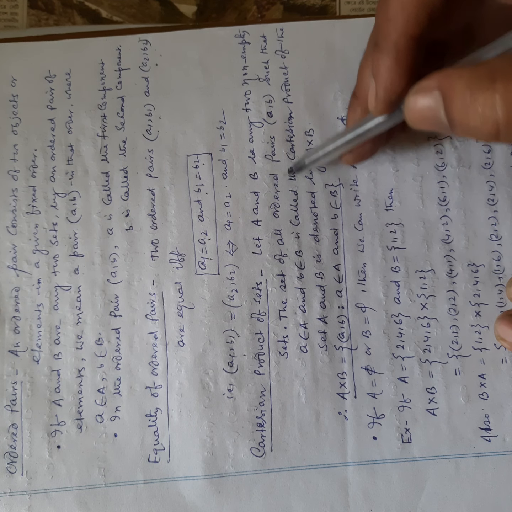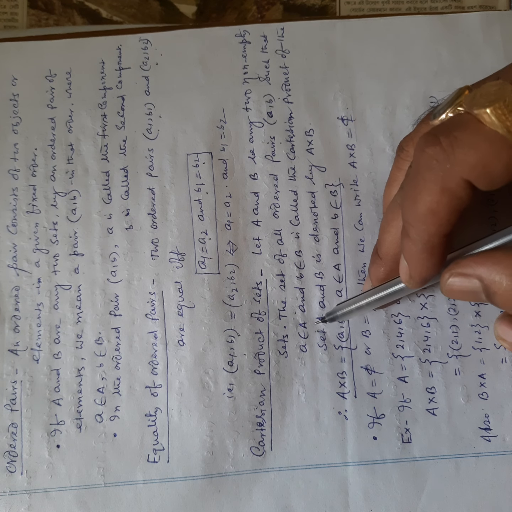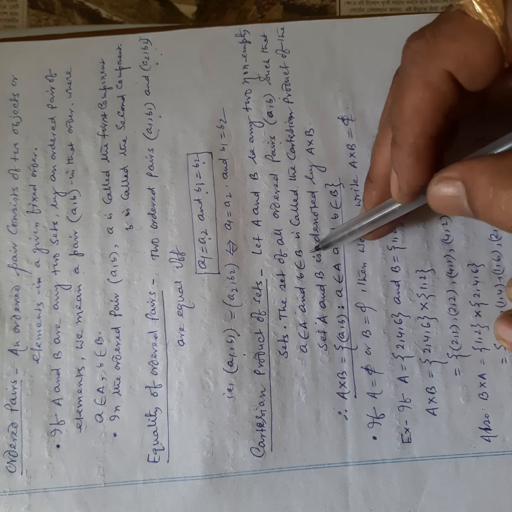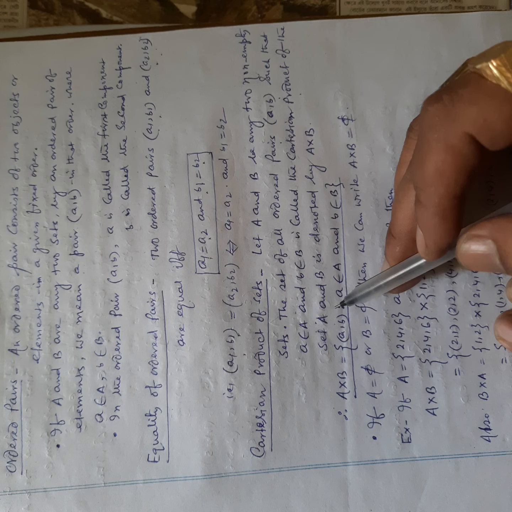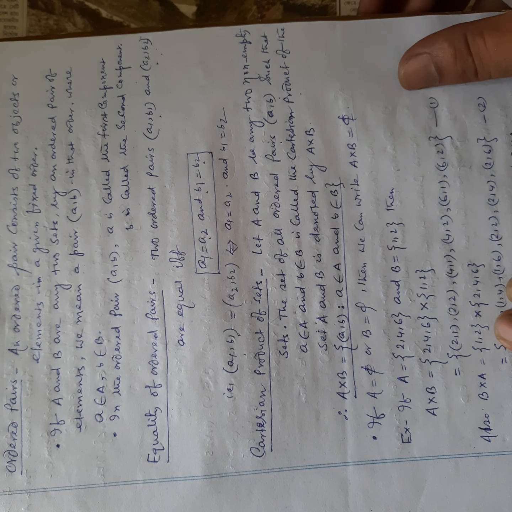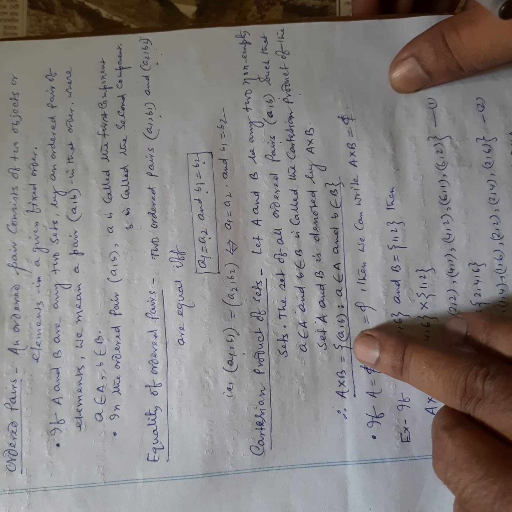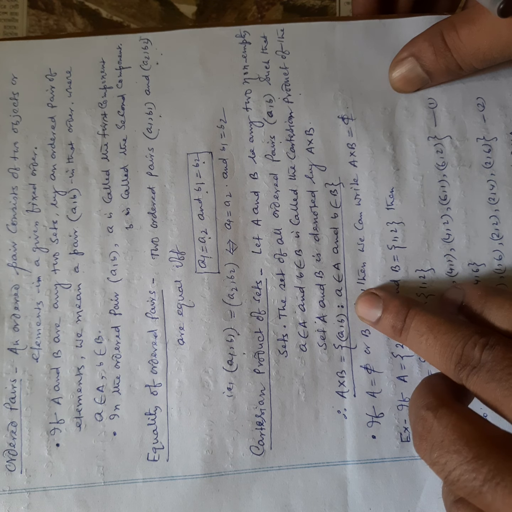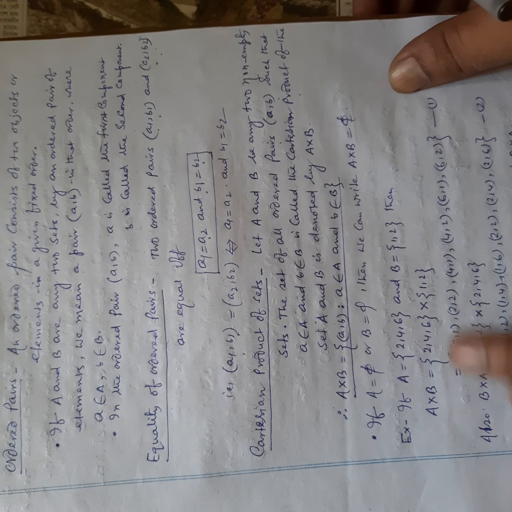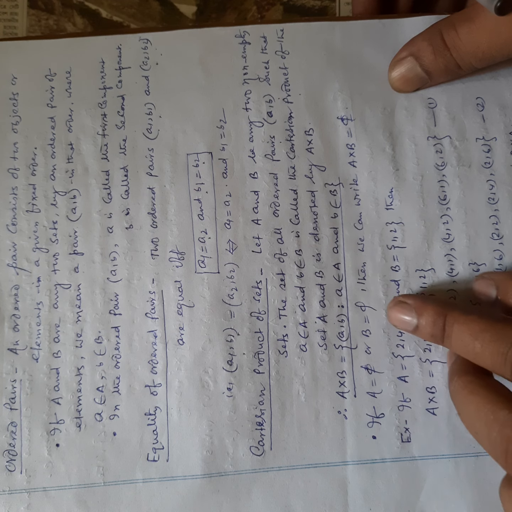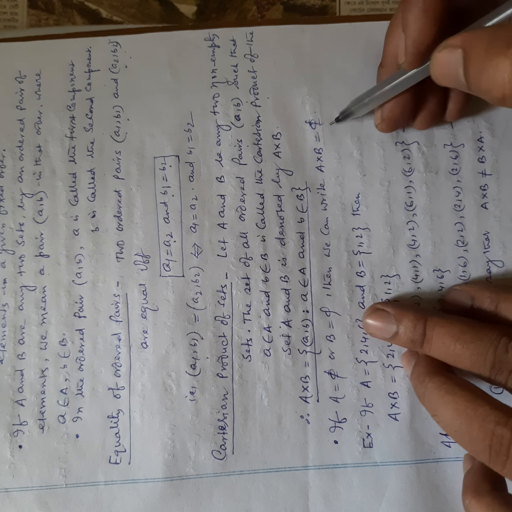The set of all ordered pairs (a, b) such that small a belongs to capital A and small b belongs to capital B is called the Cartesian product of the sets A and B, and it is denoted by A cross B. Therefore, A cross B equals the set of ordered pairs (a, b) such that a belongs to A and b belongs to B. If A equals the null set or B equals the null set, then A cross B is also the null set.